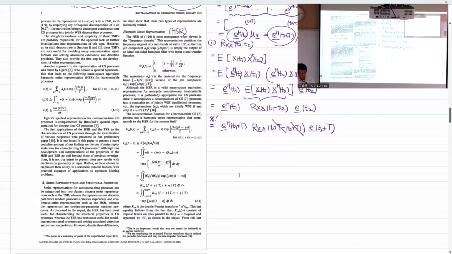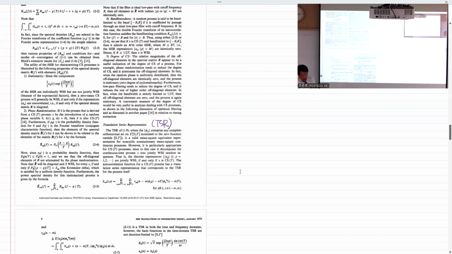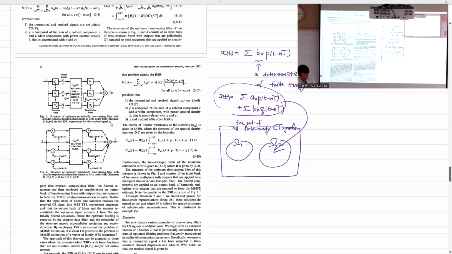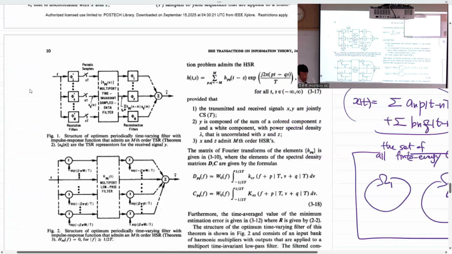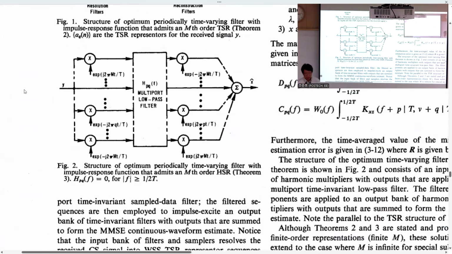So even though the original paper in 1975 talks a lot about their derivations, actually, the derivations can be much simplified by using vector matrix notation. But still, they show this block diagram for harmonic series representation. See that? Here, they call X, Y, and they never name this as Y of t.